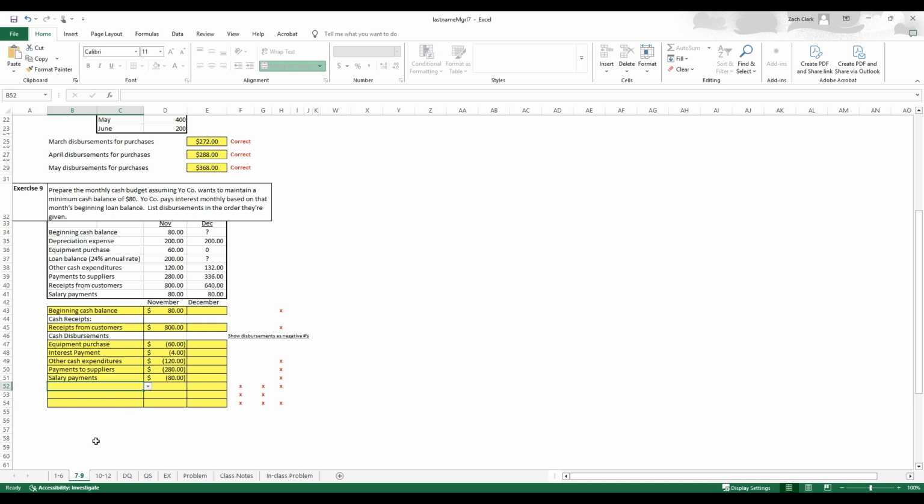I mean, we have salary. So our total, maybe we need to put beginning, borrowing, depreciation expense, ending, maybe ending cash balance here. To get an ending cash balance, we're going to want to take our beginning plus our cash receipts and then minus all of our cash outflows.